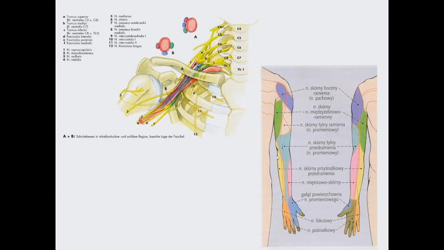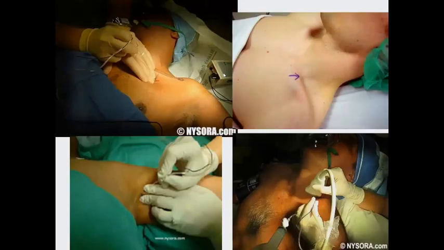So it's an anatomical explanation, because the nerve fascicles change their position along the plexus. Depending on where we inject the local anesthetic, we have different effects.